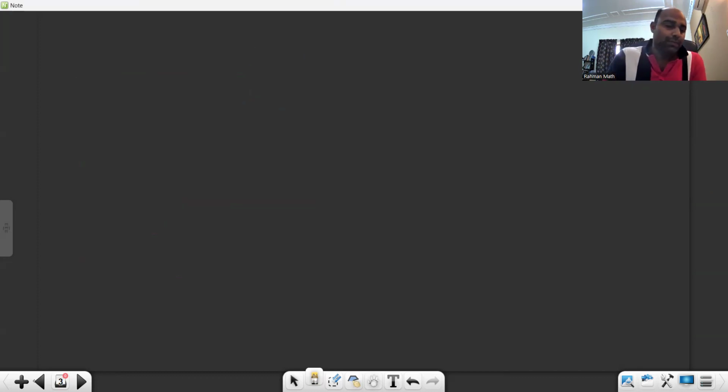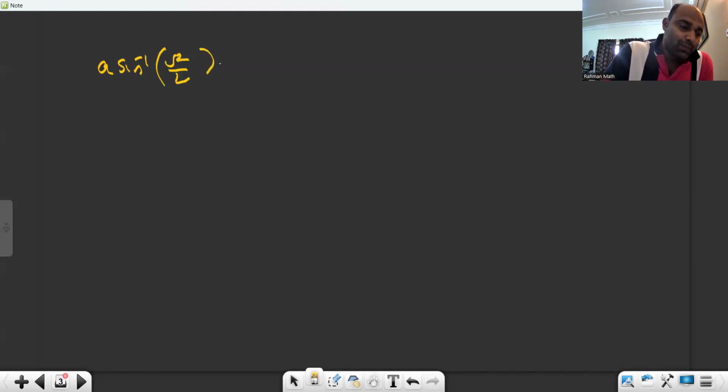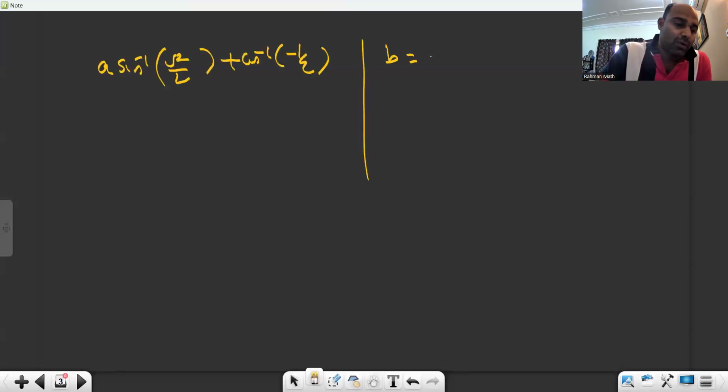A equal to sine inverse root 2 by 2 plus cos inverse minus half. B equal to tan inverse root 3 minus cot inverse minus 1 by root 3.